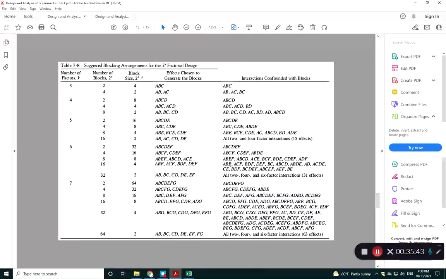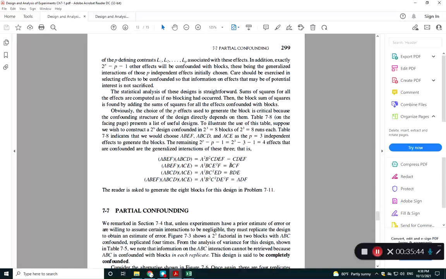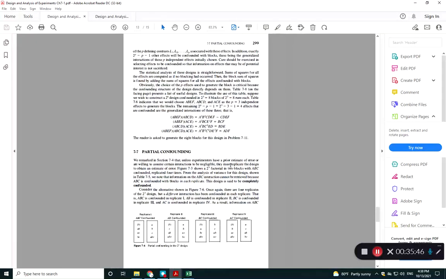And when you have 2 blocks, first time you block one thing, and second time you block another thing, okay? So in other words, replica 1 uses ABC as the confounding, and then the second replica uses AB as the confounding, the third uses BC, and AC.